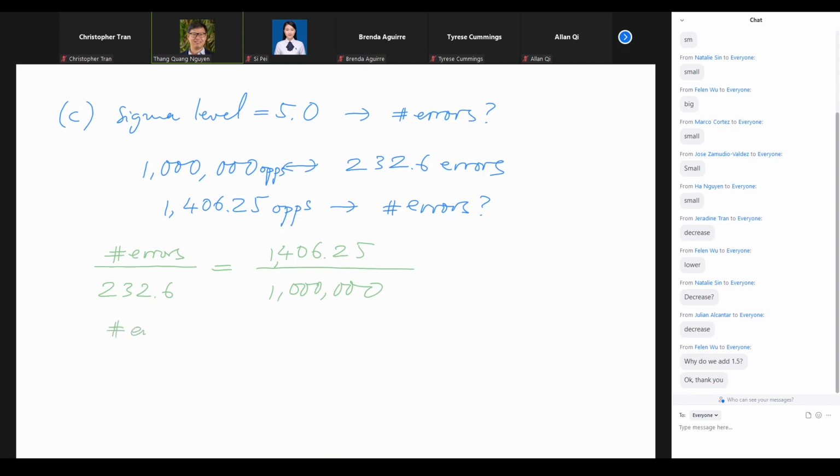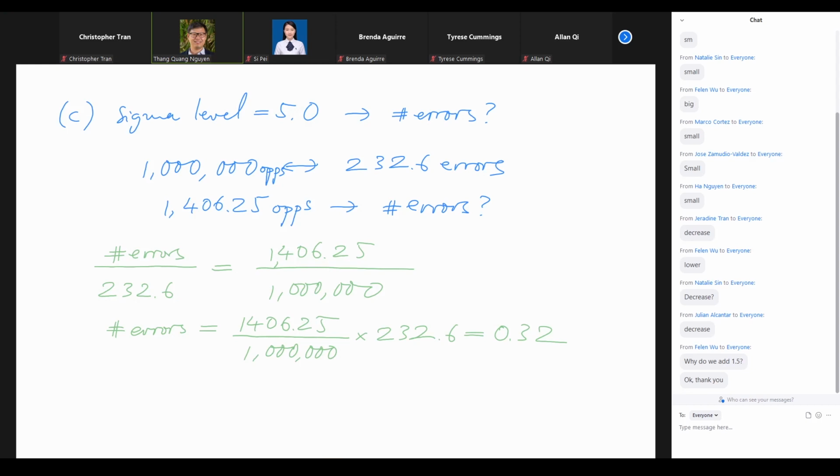The number of errors in this case will be 1,406.25 divided by 1 million, multiplied by 232.6. So we have 0.32. So out of 1,406 units, we expect 0.32 errors.